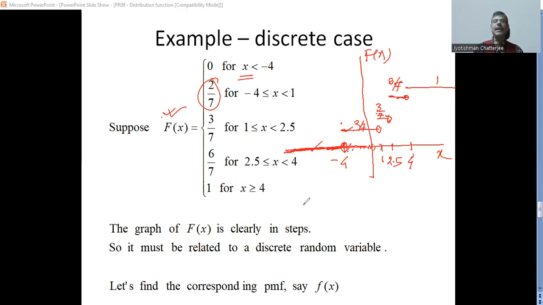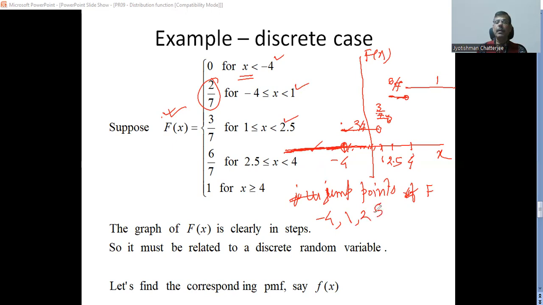Now, for the discrete random variable, what are the possible values here? The possible values are the jump points of the CDF capital F. What are the jump points? The first is -4, next is 1, then 2.5, and then the last one is at 4.